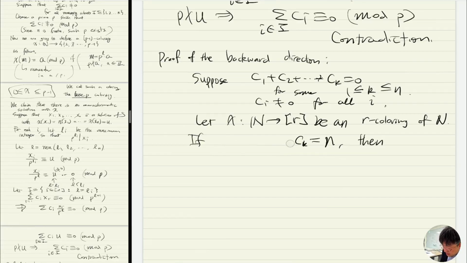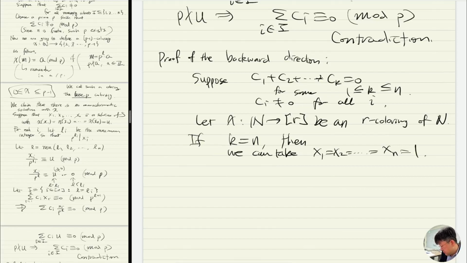Oh, okay, let me say not this one. If k is equal to n, then we can take x1, x2, all of them to be equal. Let's say 1. Then c1 times 1, c2 times 1, and cn times 1 sum to 0 anyway. So it's a monochromatic solution.